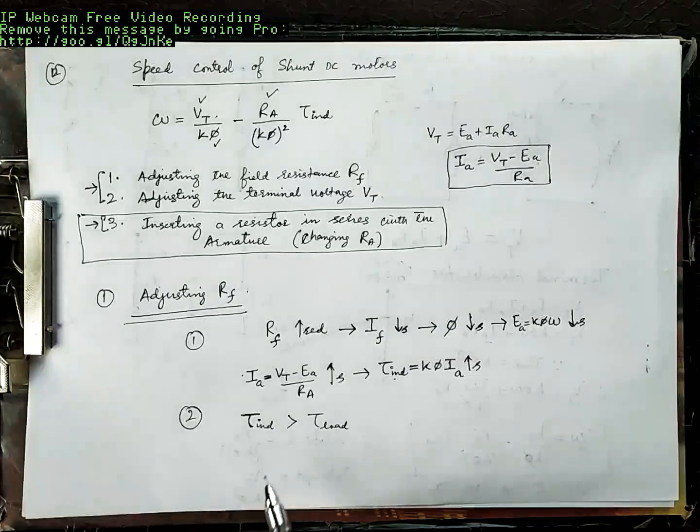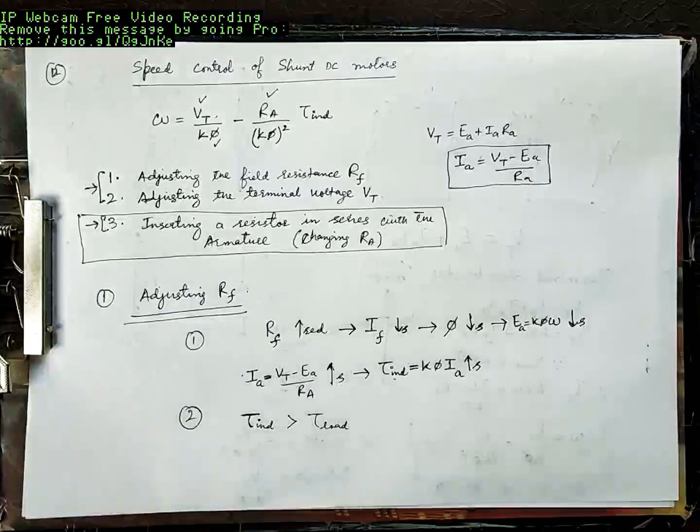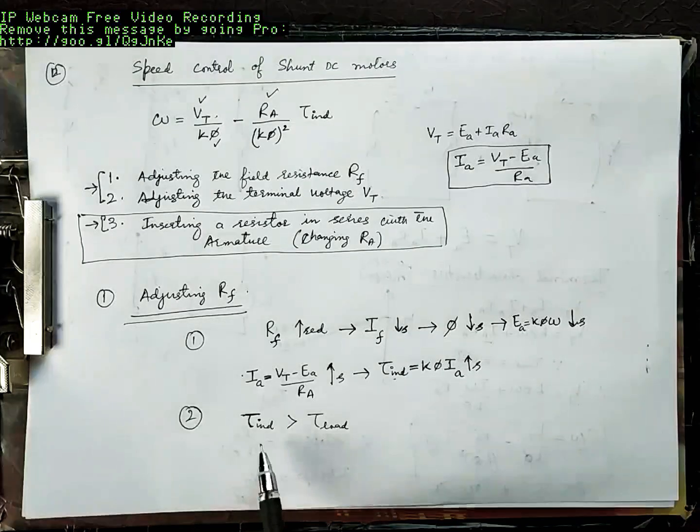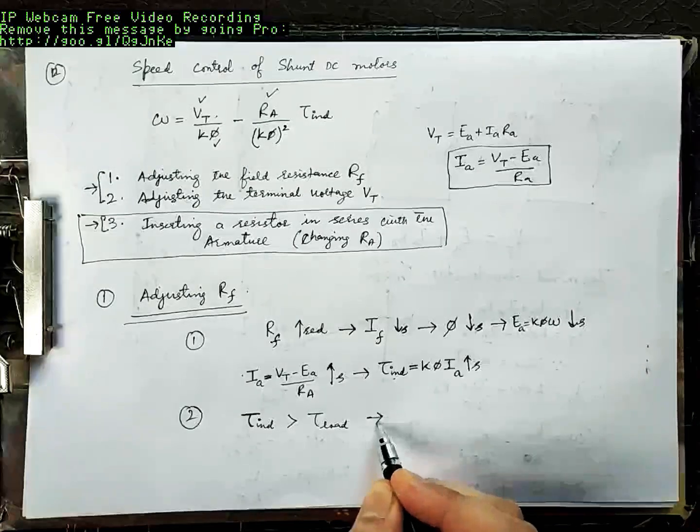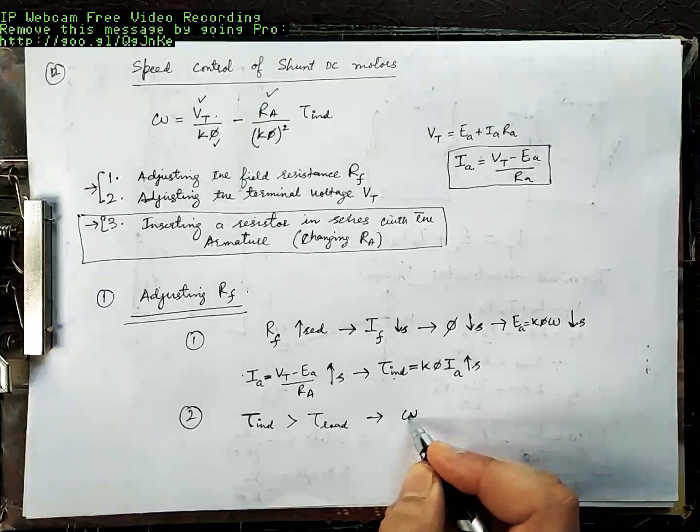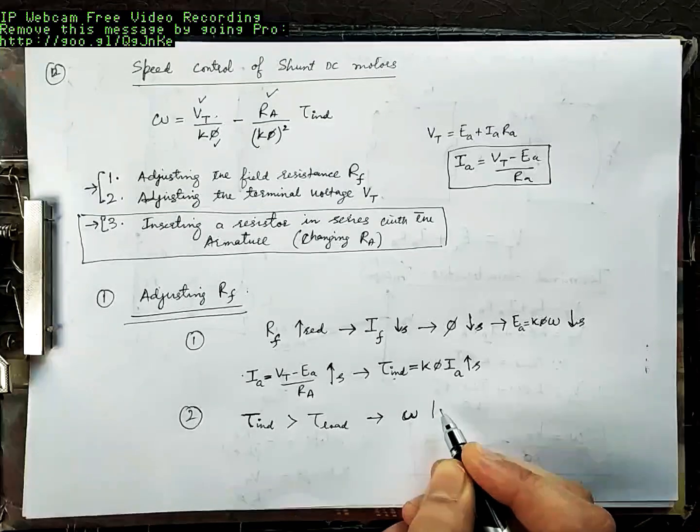When induced torque is greater than the load torque, what happens to speed of machine? There are two forces, say F induced and F load. F induced is more than F load, so machine will accelerate. Similarly here, induced torque is more than load torque, so machine will accelerate. That means speed will increase. That implies omega increases.